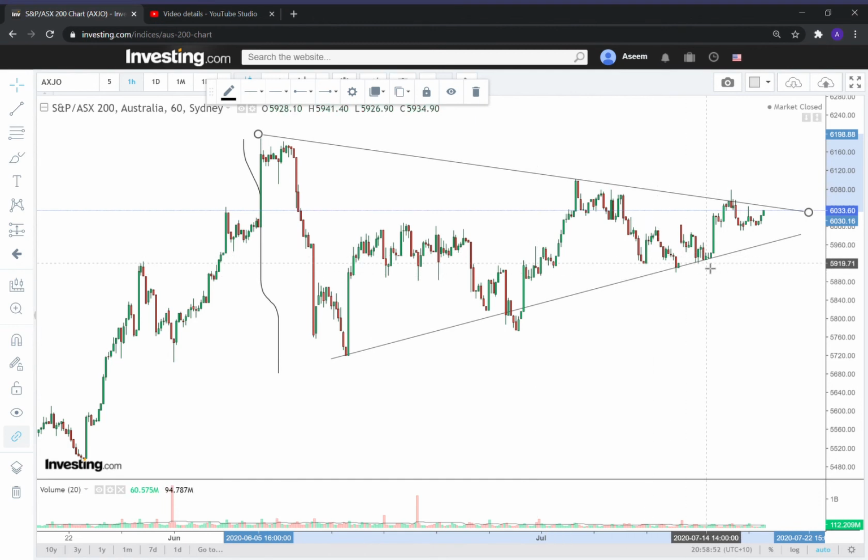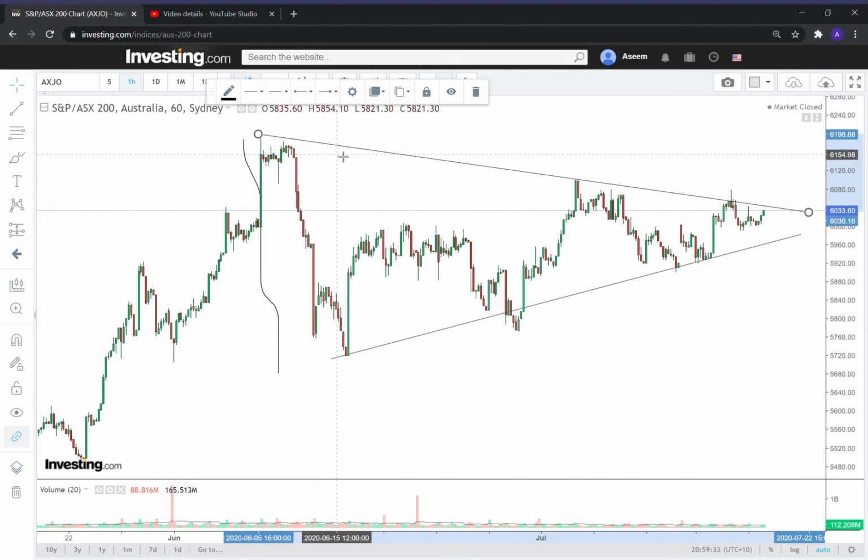This is the first time when it touched the lower uptrending diagonal line, which is around 5930, and here this is 6050, maybe round it up. So about 120 points, and if it breaks, let's say tomorrow if it breaks here at about 6050, and then 120 points from there, it makes a target of 6170 to start with, and this will take us to the range of this last resistance area.